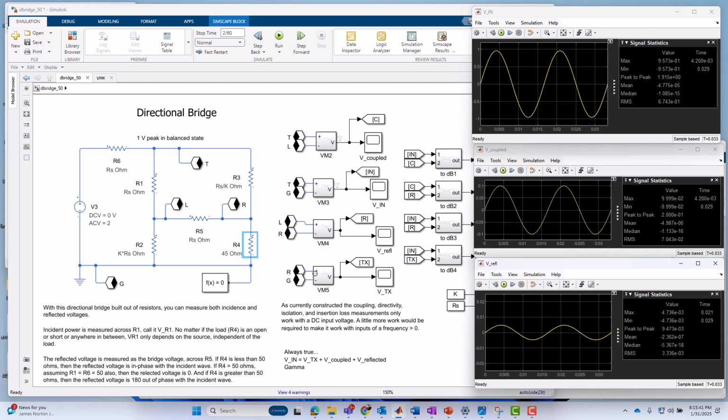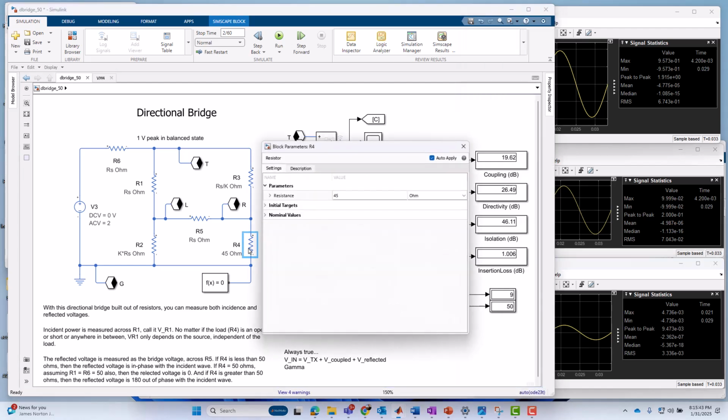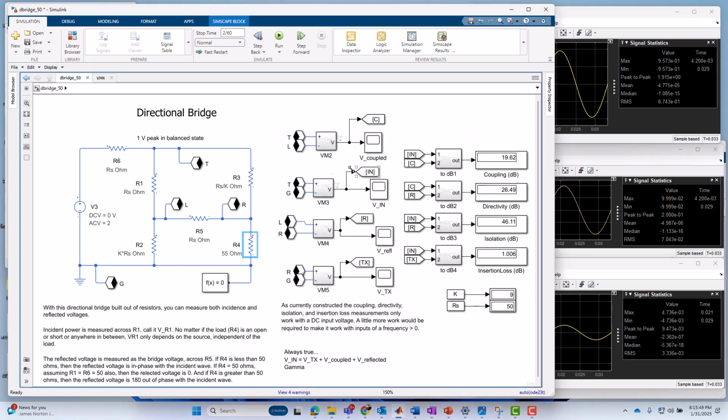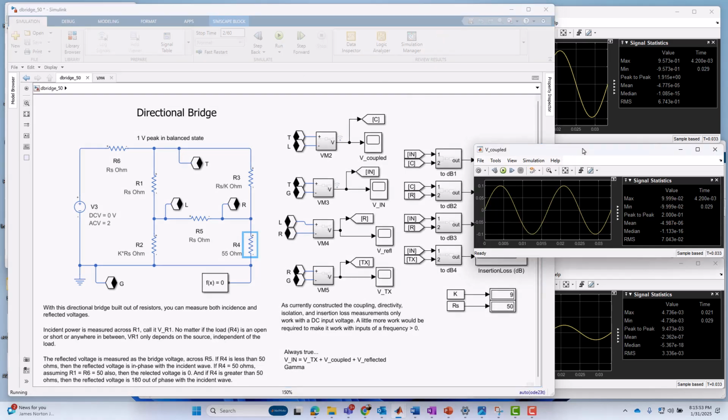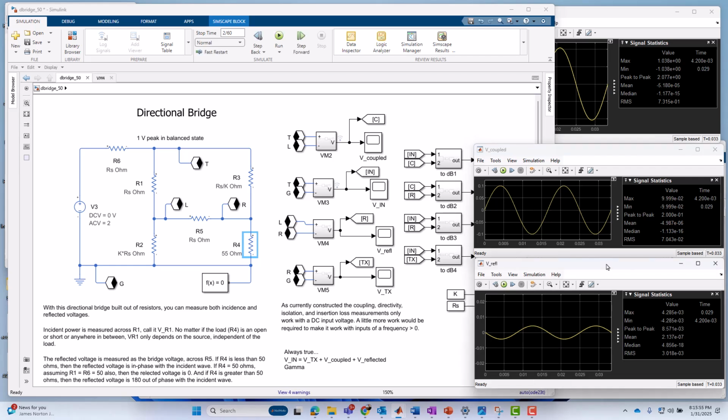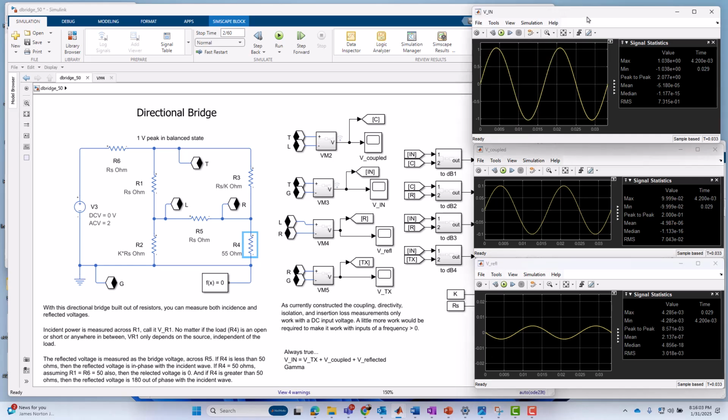Now, if we were to go to 55 ohms instead, not 50, not 45, but 55, run it again, and then look at the various signals, we will see that V reflect now is out of phase with Vn. Okay, it's in fact exactly inverted.